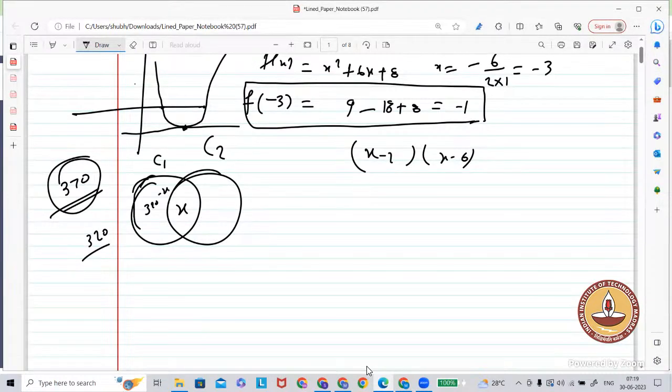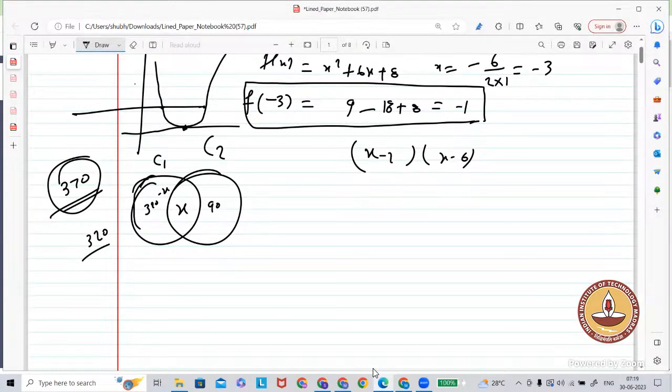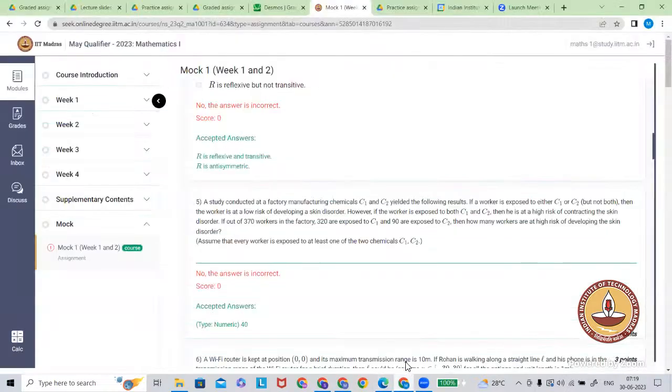This is 320 minus X. And this is how many workers? 90 are exposed to chemical 2, so this is going to be this one, right? Now we can calculate. Asking for how many workers are at high risk means you want the value of X.